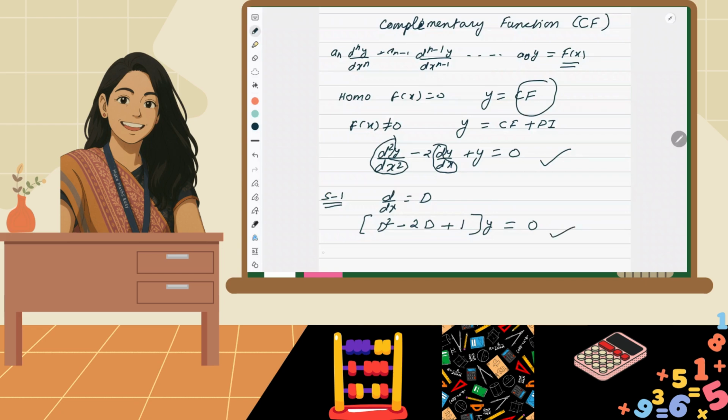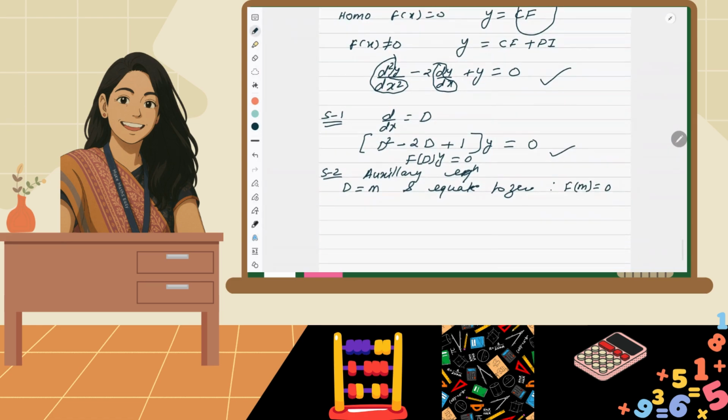Now step 2 is to write the auxiliary equation. How to write the auxiliary equation? Replace this D by m and equate it to 0. Basically this format can be written as f(D) y is equal to 0, so for the auxiliary equation you write f(m) is equal to 0.